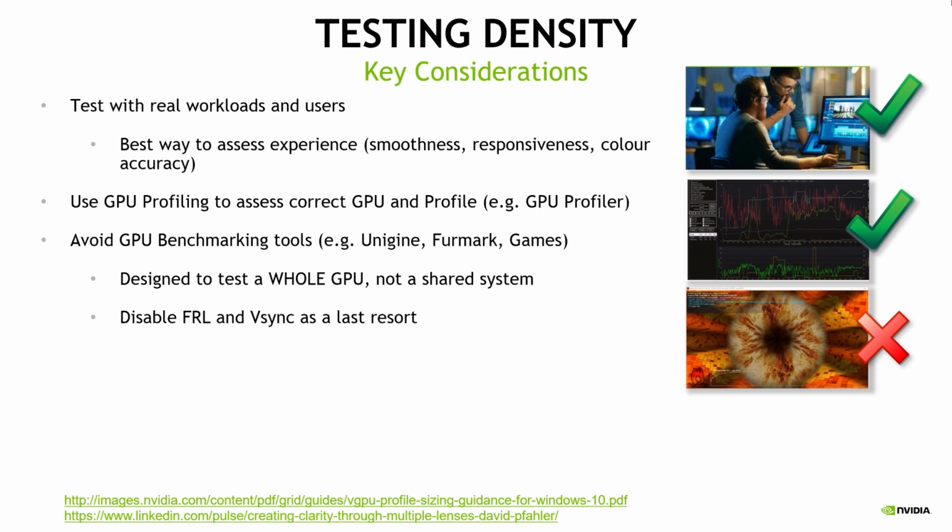Now, if you absolutely want to use these benchmarks just to test some very basic figures, you can disable the frame rate limiter on a virtual machine to actually get your frame rate up at the endpoint. You can also disable VSync within the NVIDIA driver on the desktop as well, and that will give you that level of performance more or less that you would expect to get from a full GPU. But this is really only to be done as a last resort.